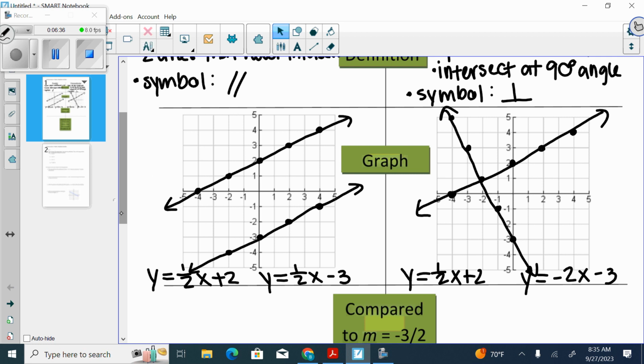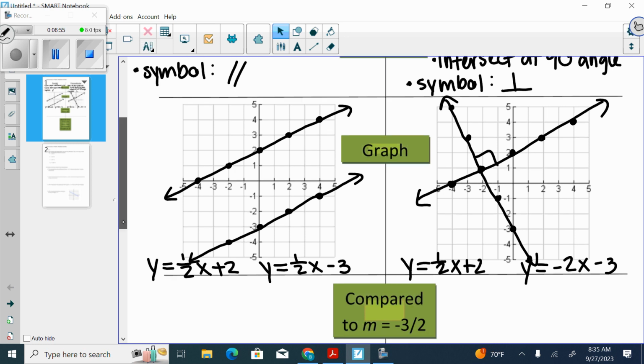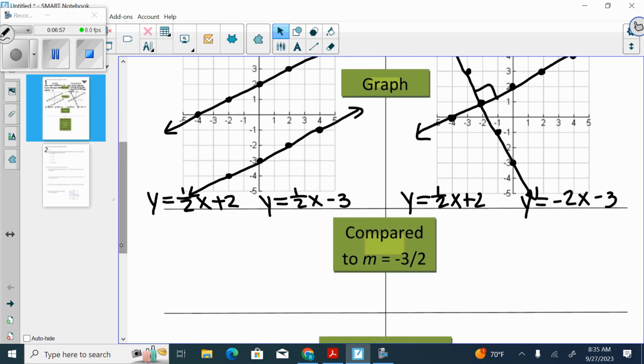So we have their intersection point right here, and it should look like those are intersecting at that 90-degree angle. They're exact opposites of one another, so they do intersect at that 90-degree angle. Okay, so now we're just going to talk about a couple of things that we notice when comparing these two graphs.